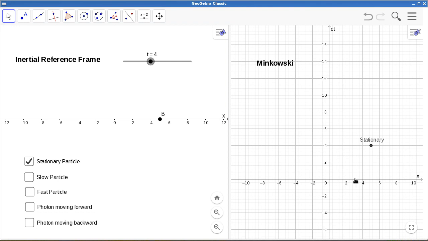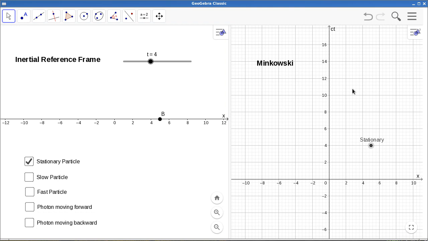In Minkowski space-time, the particle is represented by this coordinate. If you read it, its x coordinate is 5 and its time coordinate is 4, which means that the particle at 4 seconds is at position 5.